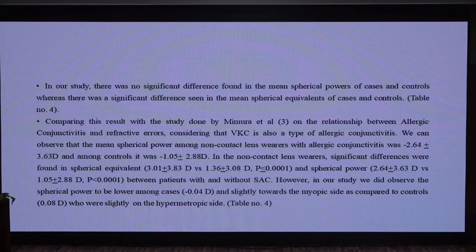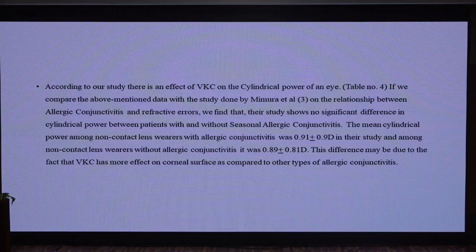VKC is also an allergic conjunctivitis, but what we saw here was that recurrent cases had a spherical error slightly towards the myopic side, whereas new cases did not. So our results slightly contradict their study. We are saying that VKC is a risk factor for myopia and not the other way around.